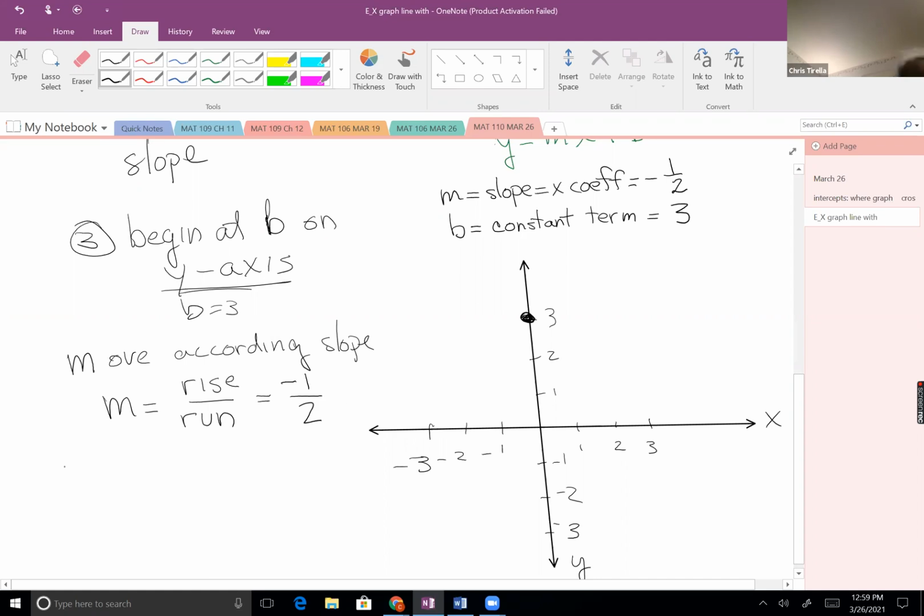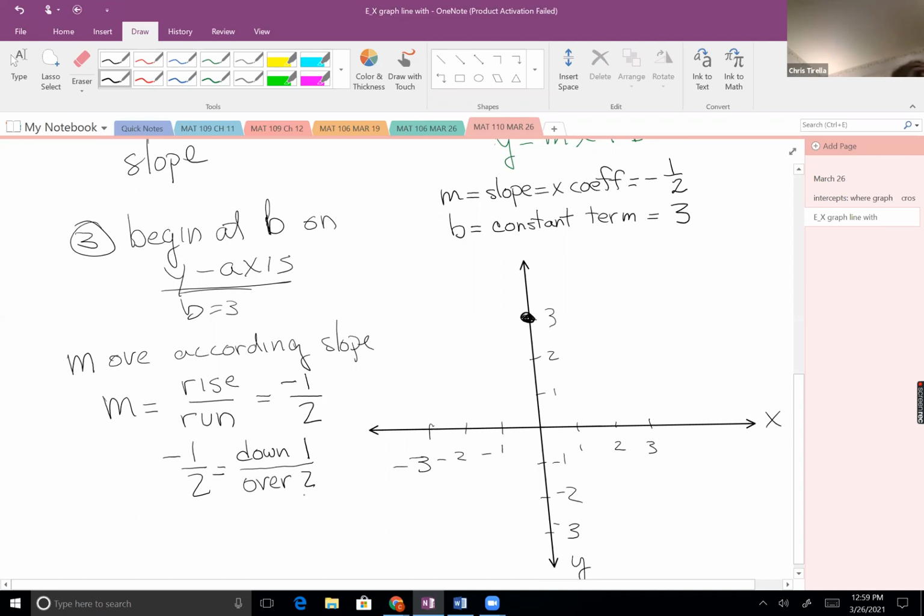I always assign the sign, positive or negative, to the numerator. And so -1/2, negative means I'm going to go down 1, and then over 2.